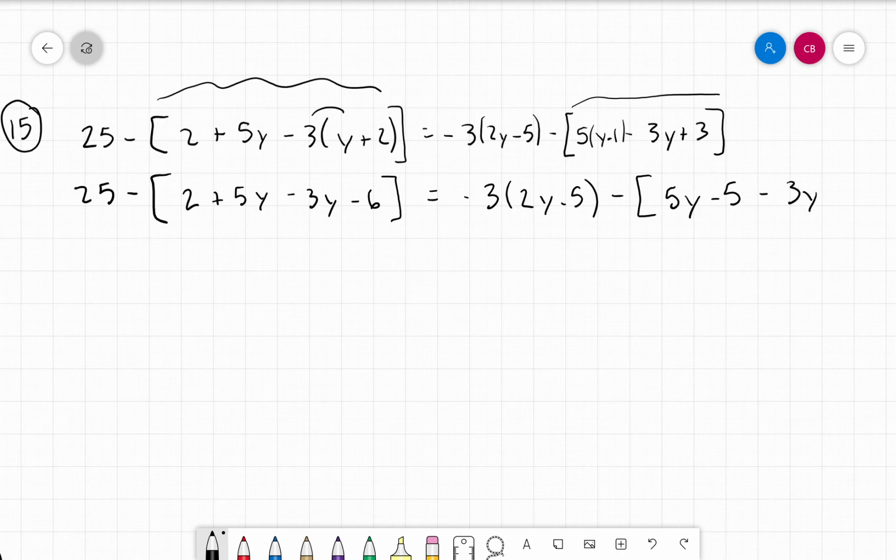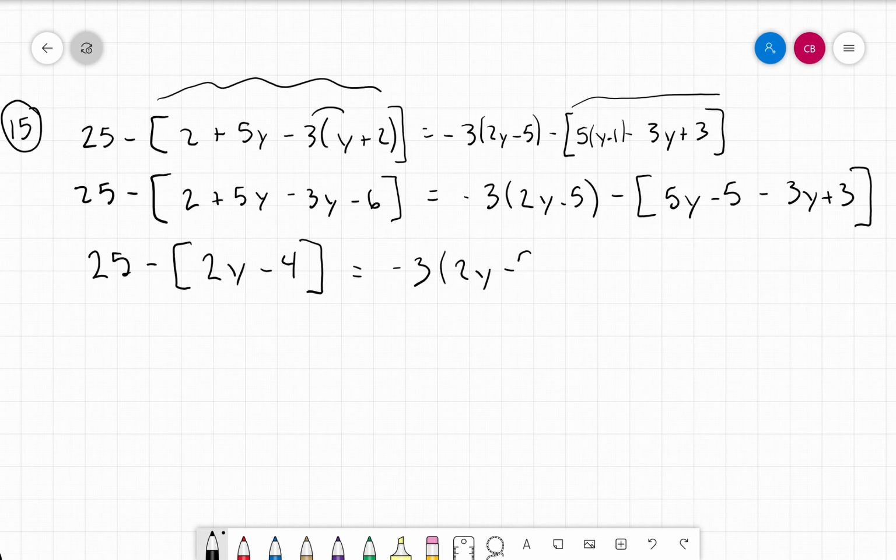Minus 3y plus 3. So far, so good. So let's combine like terms inside the brackets. So that's 25 minus, 5y minus 3y is a 2y, 2 minus 6 is negative 4, is equal to negative 3 times 2y minus 5, minus 5y and negative 3y is 2y. Negative 5 and 3 is negative 2.